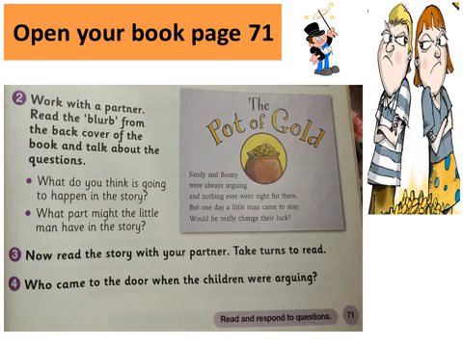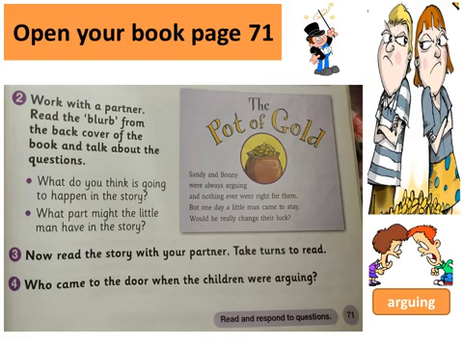Okay, so let's read the blurb. Sandy and Bunny, here are they, the boy and the girl, were always arguing. Arguing means they fight, right? And nothing ever went right for them.